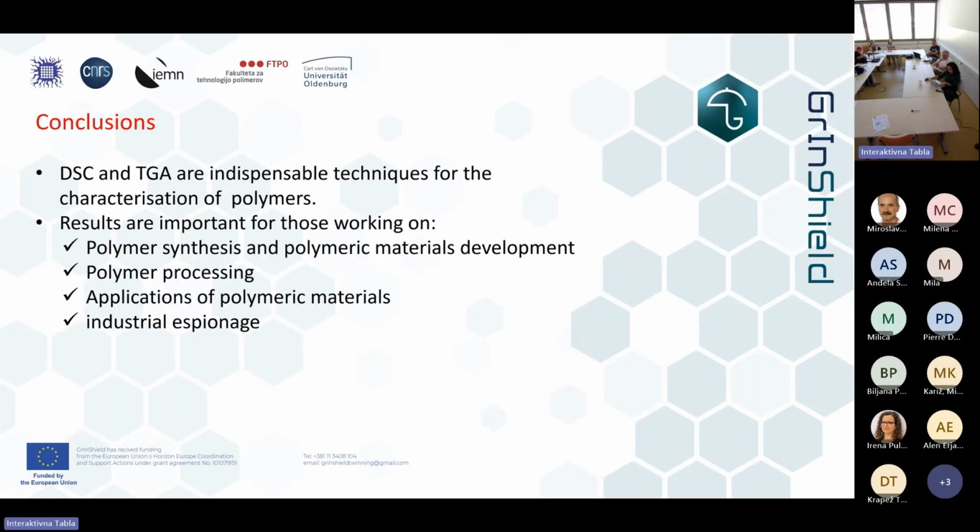So to conclude, DSC and TGA are indispensable techniques for the characterization of polymers. They give us many interesting pieces of information. We can use them for troubleshooting: why do we have some problems, maybe in processing, or maybe in the application of materials.